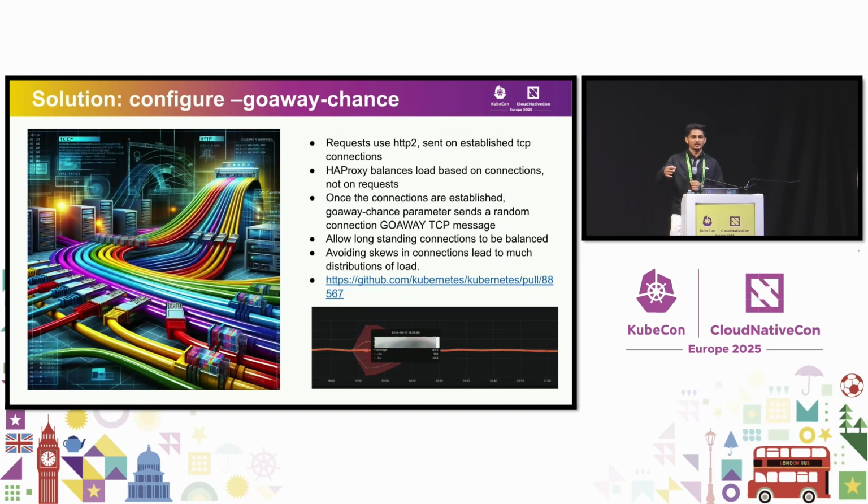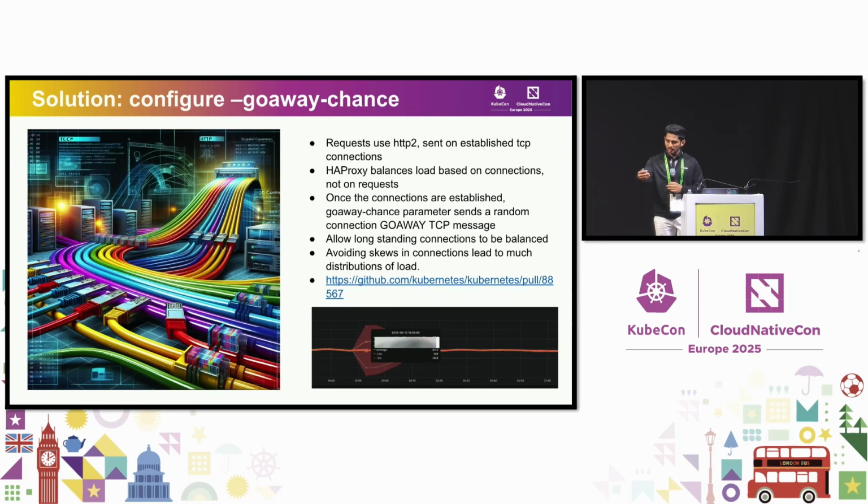But once these connections are established, there's no real way for you to tear them down. So load balancing helps you in creating new connections in a fair way. But once the skew is introduced, it doesn't do anything to tear those connections down and bring up new connections.